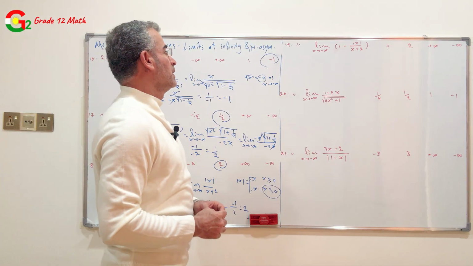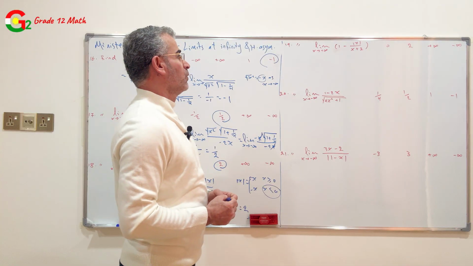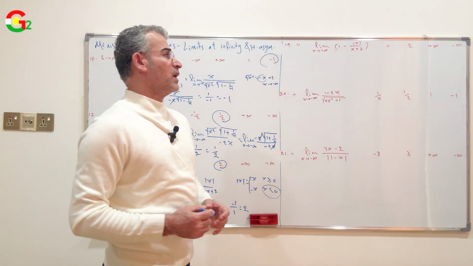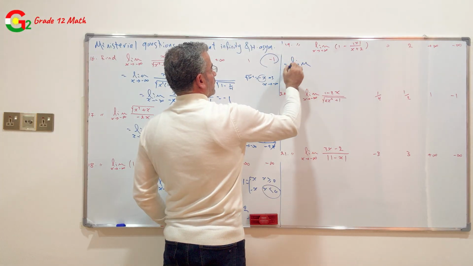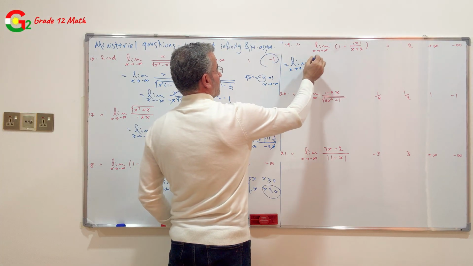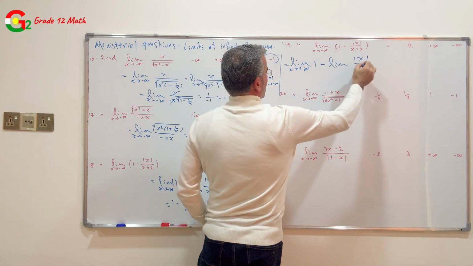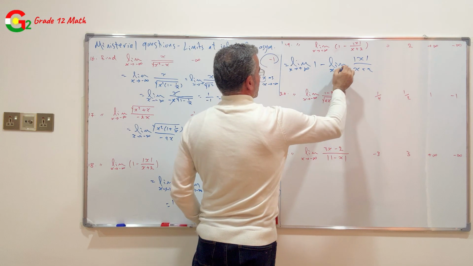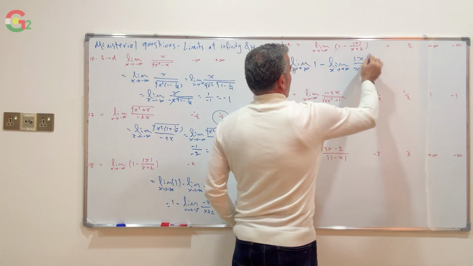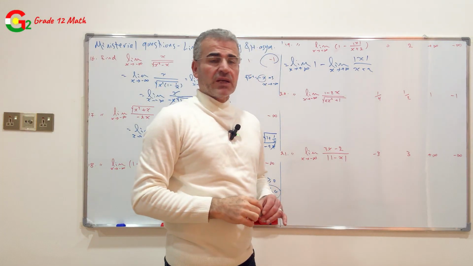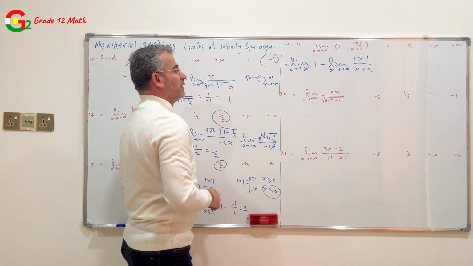Question number 19. The limit as x approaches positive infinity of 1 minus absolute value of x over x² equals the limit as x approaches positive infinity of 1 minus the limit of absolute value of x over x², as x approaches positive infinity. Absolute value of x equals x when x approaches positive infinity, as we see here in the definition.